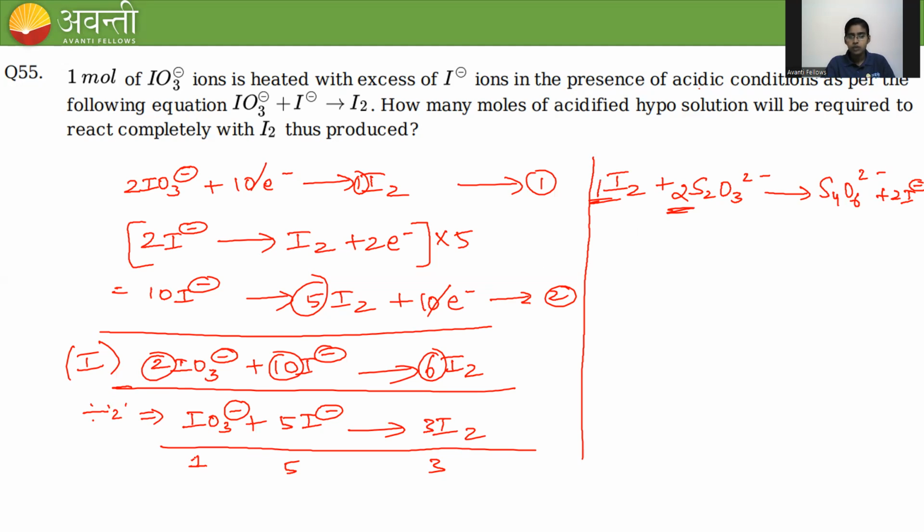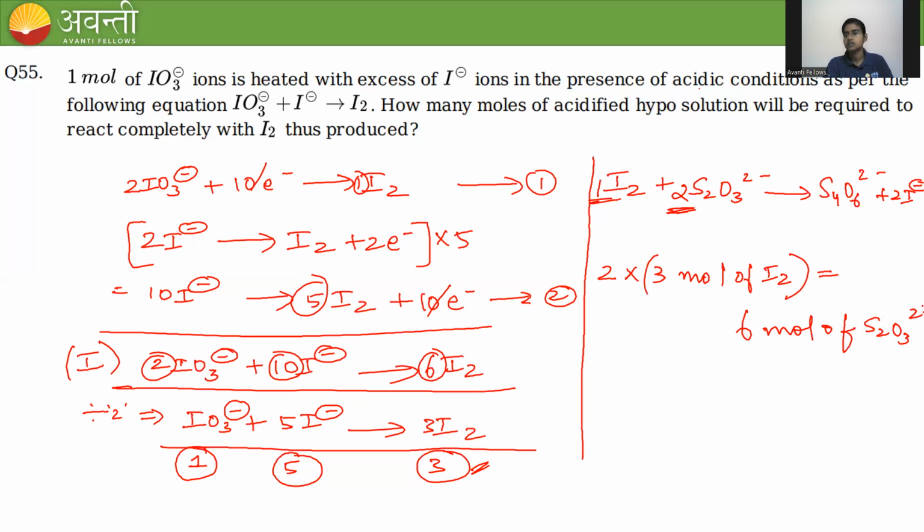Now here 1 mole of IO3 minus is reacting with 5 moles of I minus to give 3 moles of iodine. But here 2 moles of thiosulfate is reacting per mole of iodine. So it will be 2 into 3 moles of iodine, which is equal to 6 moles of S2O3 2 minus.